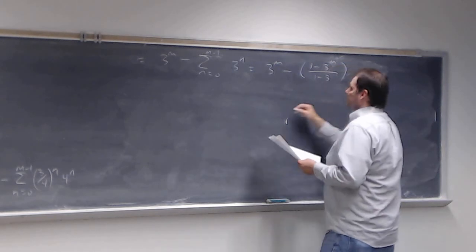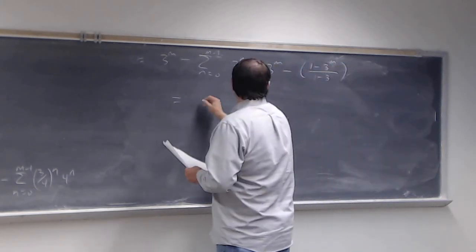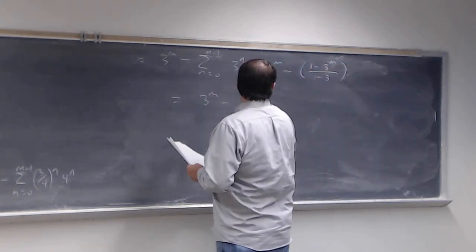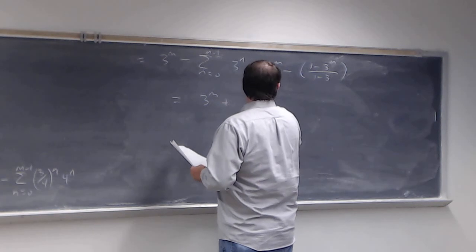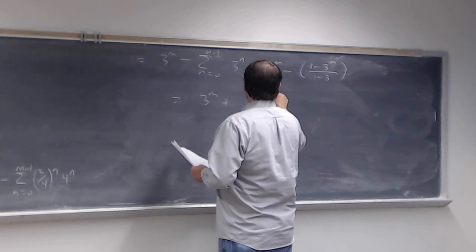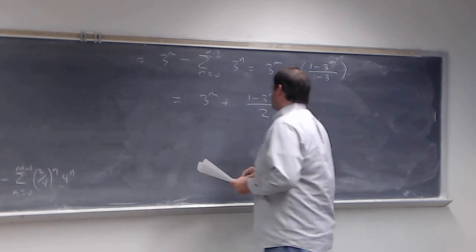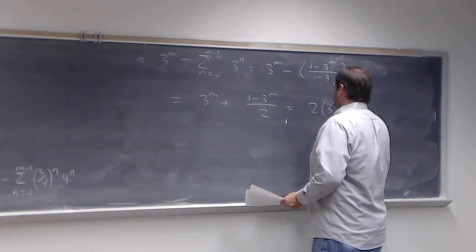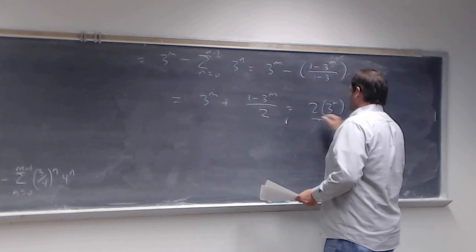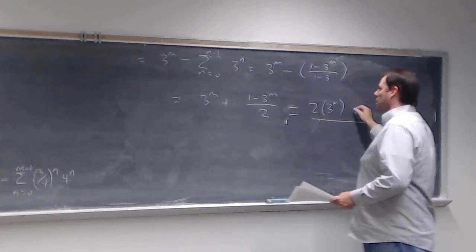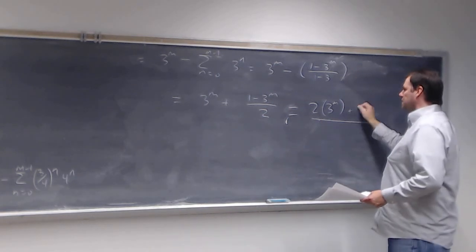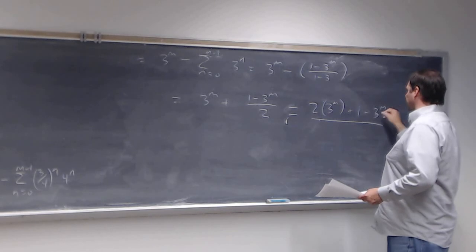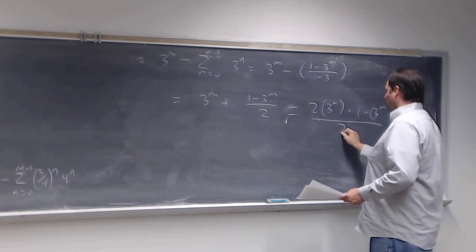And so that's equal to 3 to the m minus, well, this will be minus 2, so let's make this plus, 1 minus 3 to the m over 2. Getting a common denominator, we have 2 times 3 to the m plus 1 minus 3 to the m all over 2.